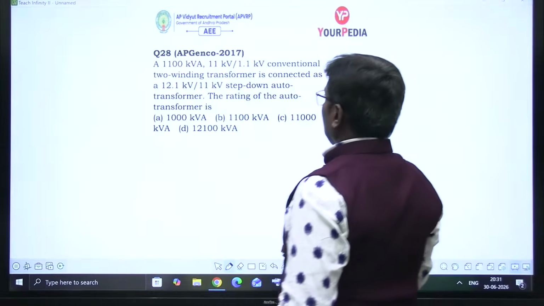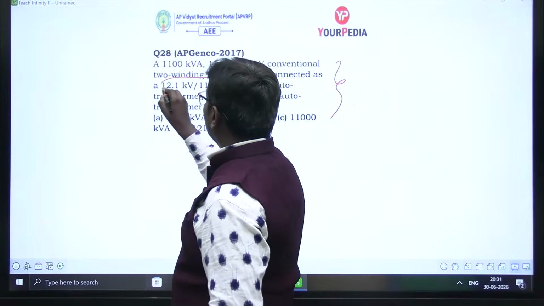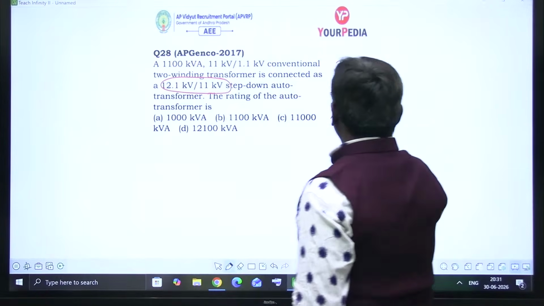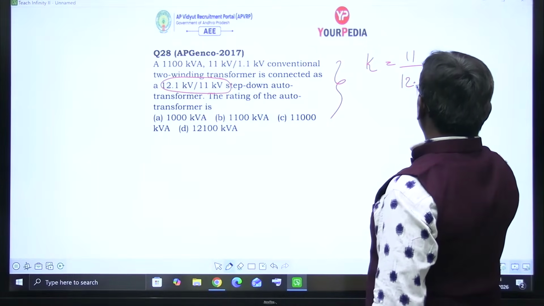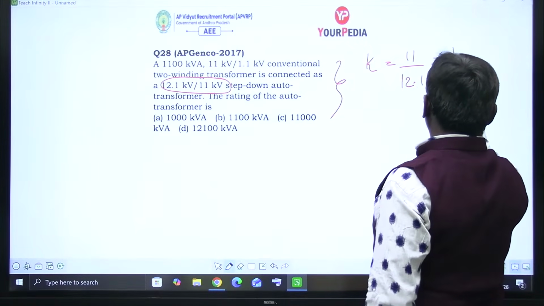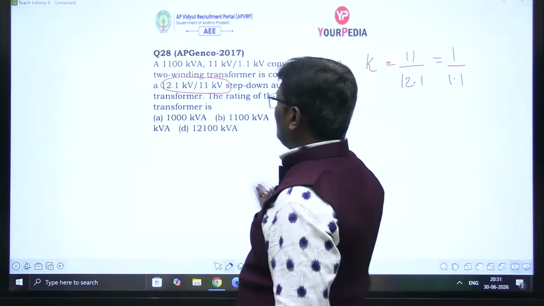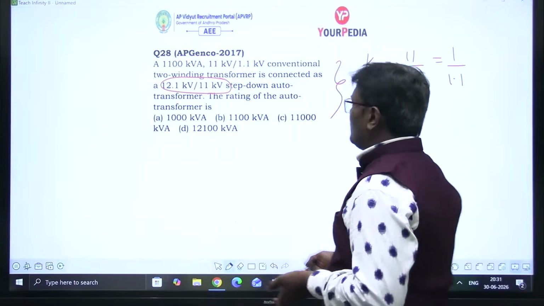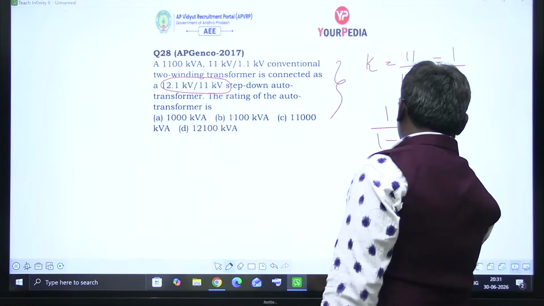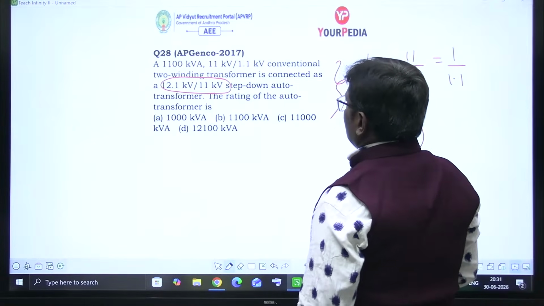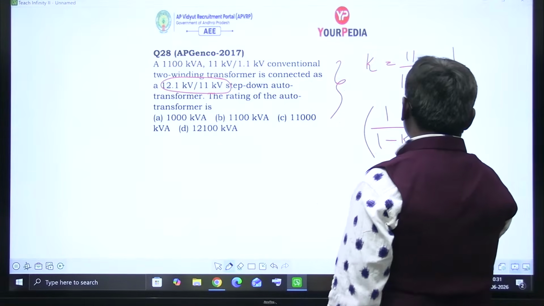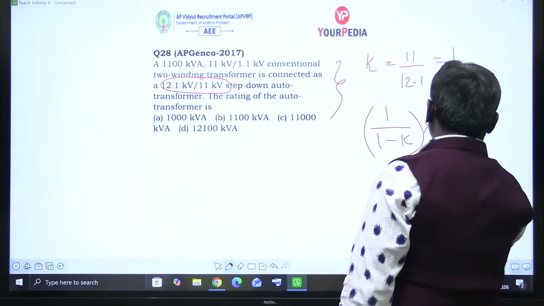So first of all, this is a step down auto transformer where K is equal to 11 by 12.1, so 11 by 11, so 1.1. The rating of the auto transformer, obviously it is step down, is 1 by 1 minus K times the two winding transformer rating.